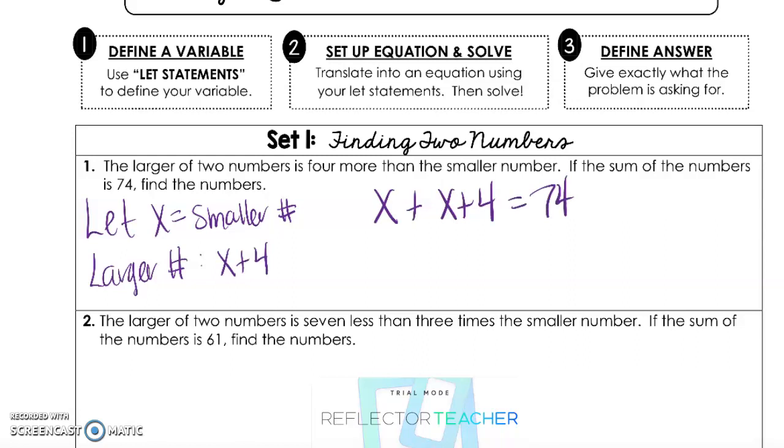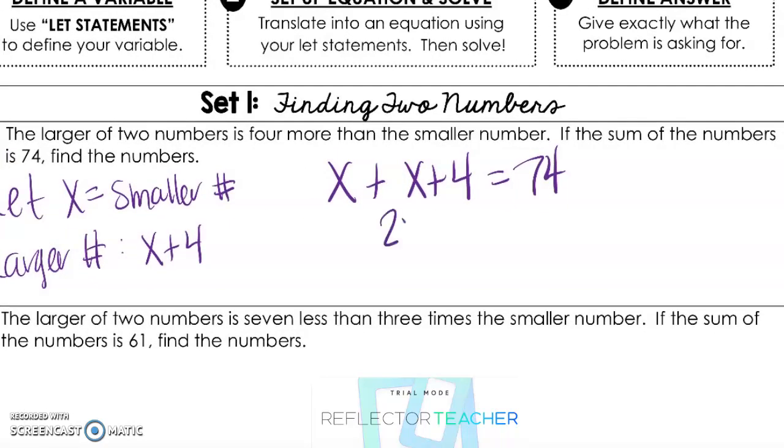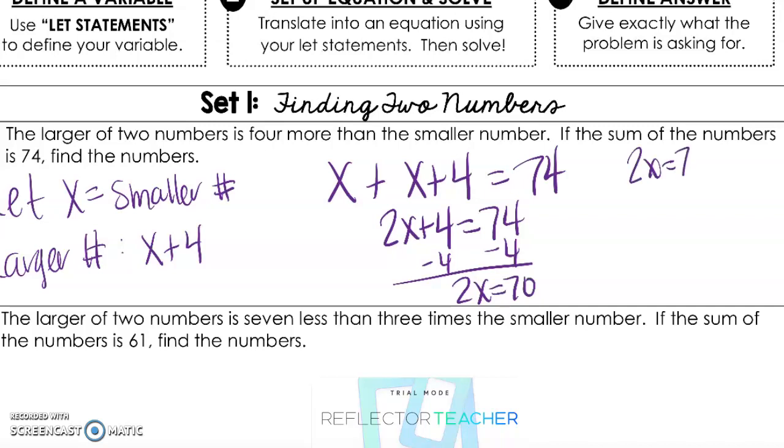Now we can go ahead and solve the equation. x plus x is 2x, plus 4 equals 74. Subtract 4, 2x equals 70. Divide by 2, x equals 35.